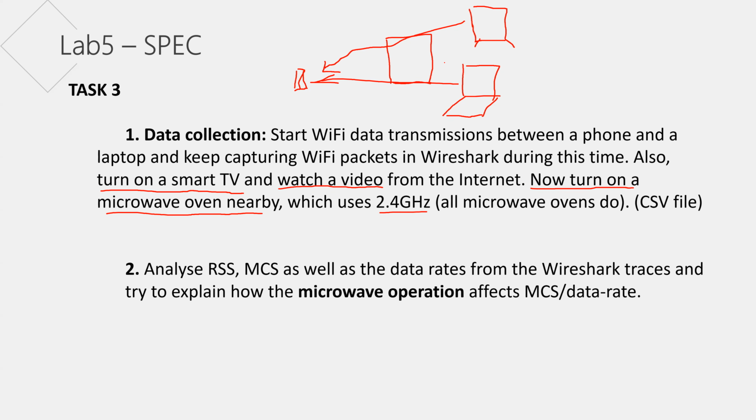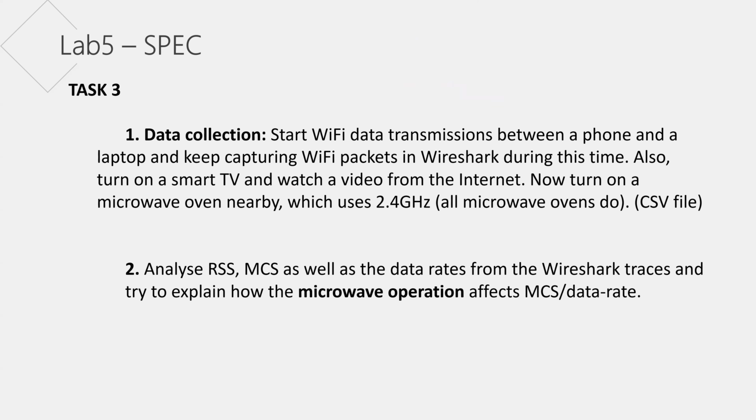That's basically what we need to do. Sorry for my drawing, so bad. Does this make sense? All we need to do is focus on the MCS index and data rate.